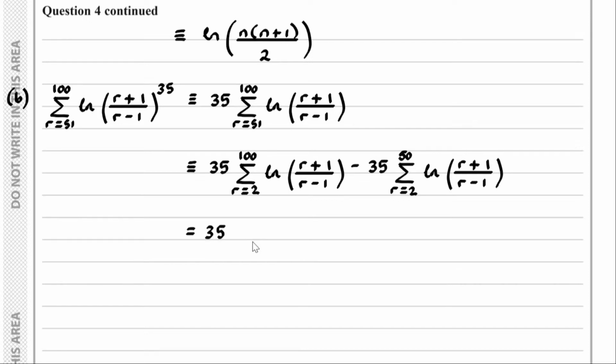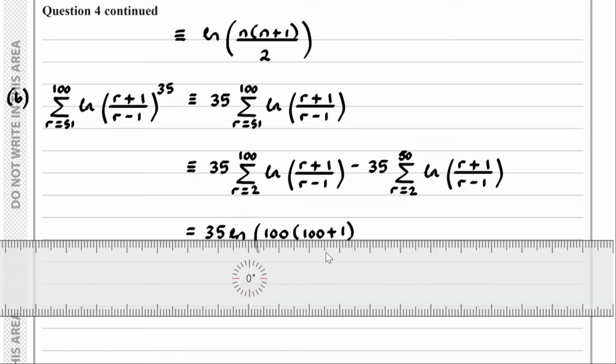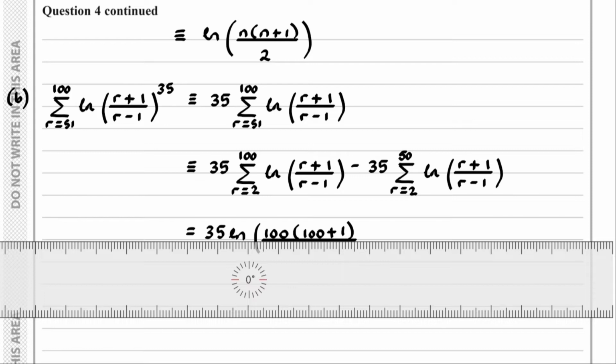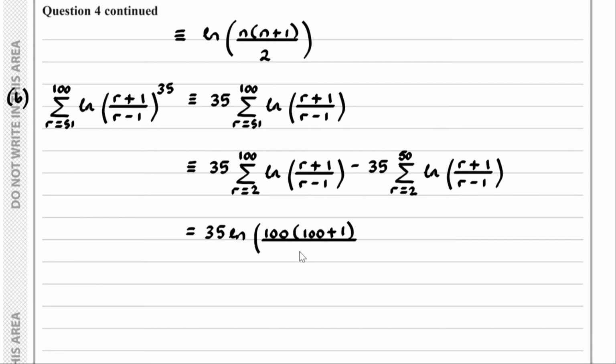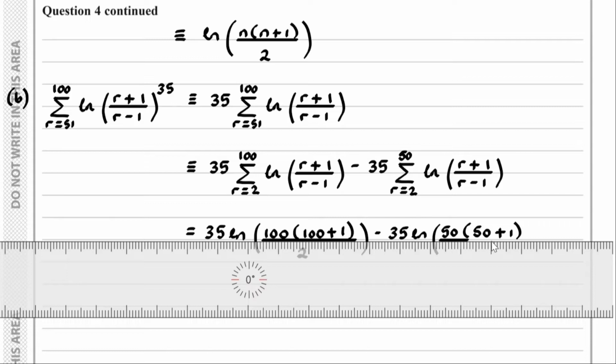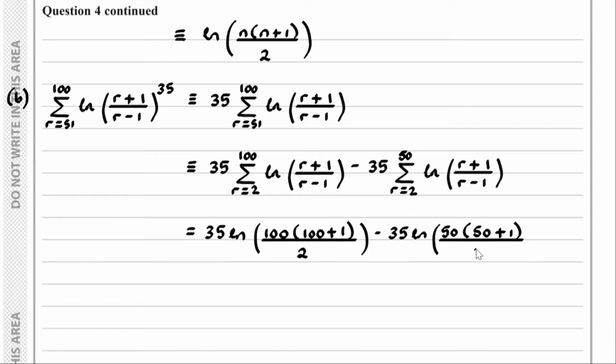From r equals 2 to r equals 100, we replace n with 100, so we have 35 multiplied by the natural log of 100 times 100 plus 1 over 2, subtract 35 times the natural log of 50 times 50 plus 1 over 2.